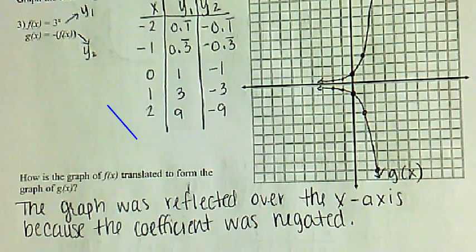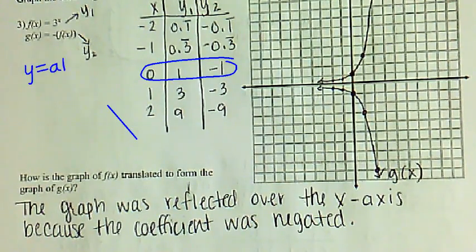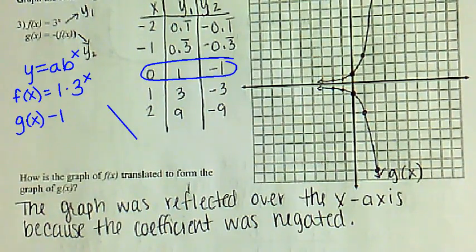So again, if you think of y equals a times b to the x power, our first one, f of x, is equal to 1 times 3 to the x, whereas our g of x is equal to negative 1 times 3 to the x power.